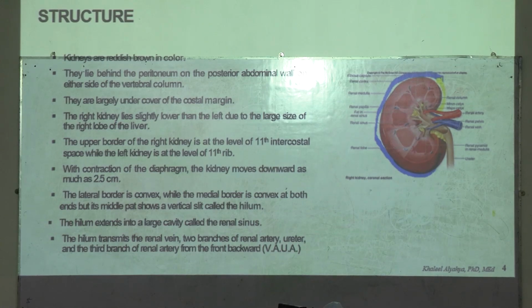The medial border in the upper part is convex, and in the lower part is also convex. But the intermediate part is concave, which is nothing but the hilum of the kidney.